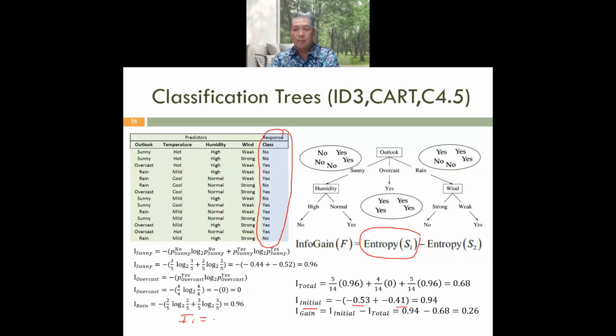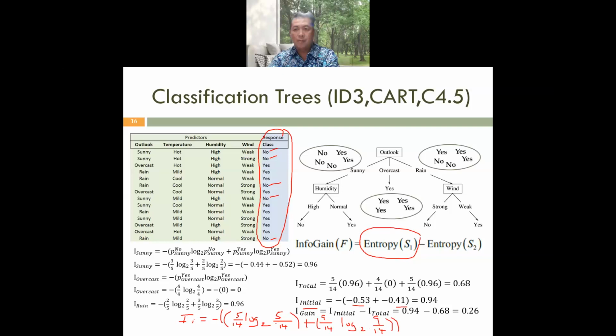This one should be minus, and then how many no? 1, 2, 3, 4, 5. So 5 over 14 log 2 of 5 over 14, and then we add the 9 over 14 log 2 of 9 over 14.